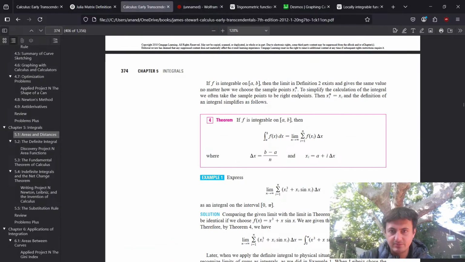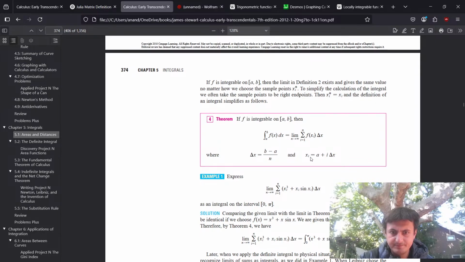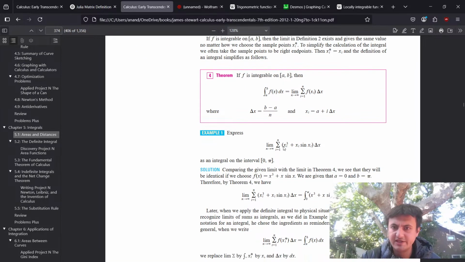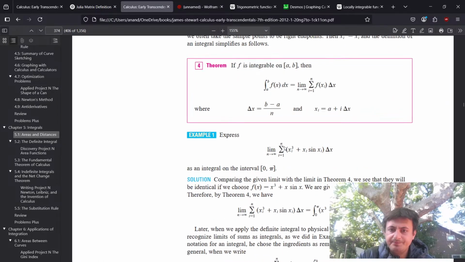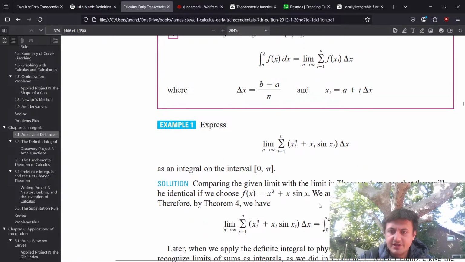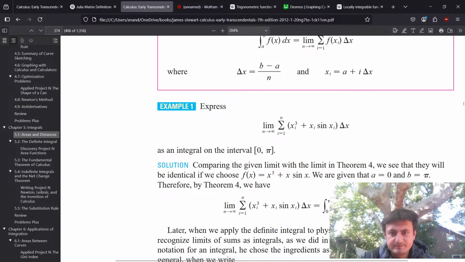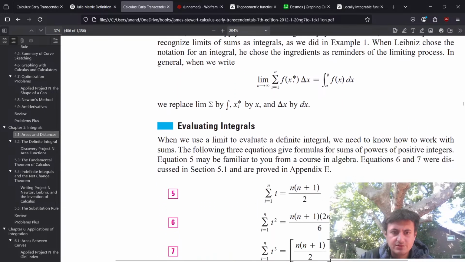If f is integrable, what does this mean? Okay, so they're just asking you to turn it into, but okay, on the interval. So this is just a syntax rewriting, which is fine.